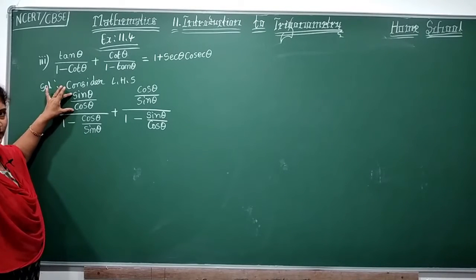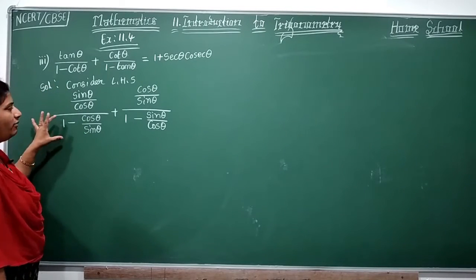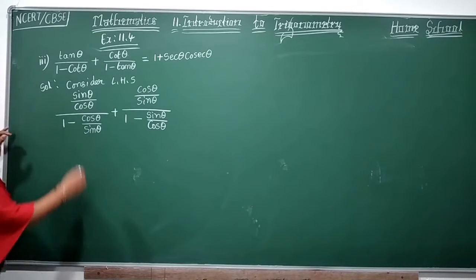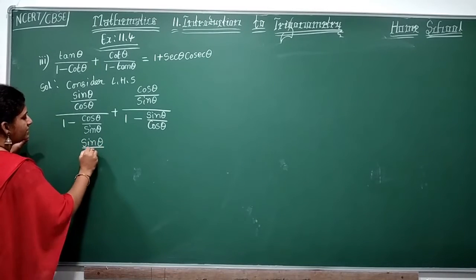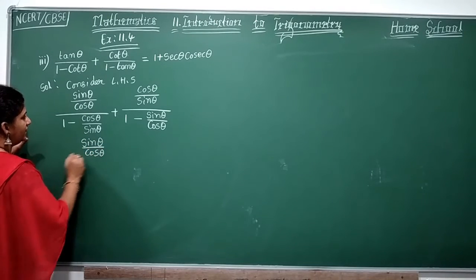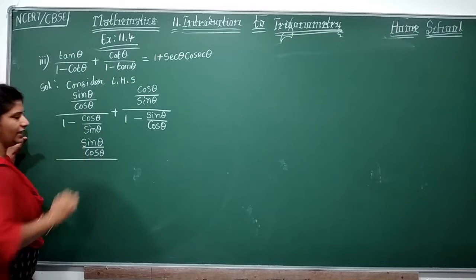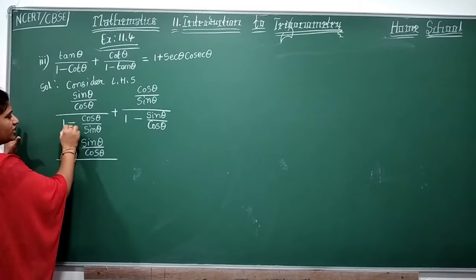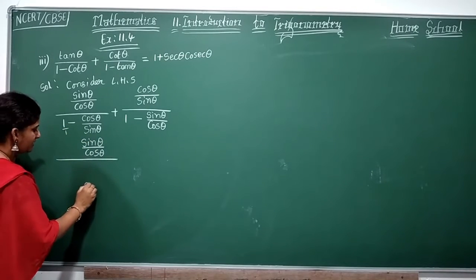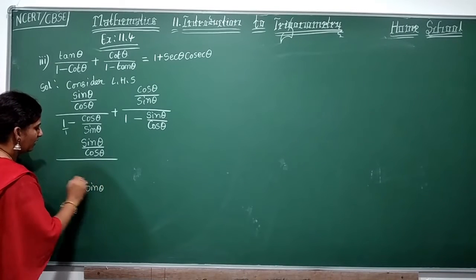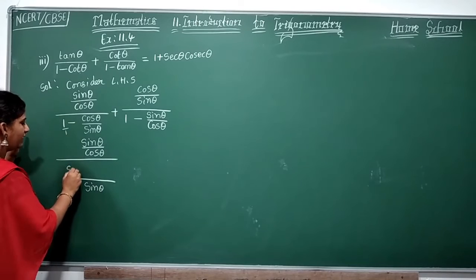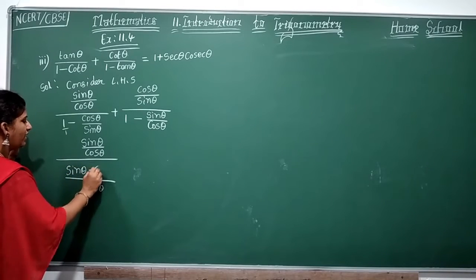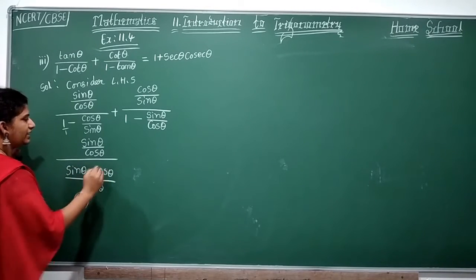So now numerator we cannot disturb. Denominator we have to do LCM. Sin theta by cos theta whole divided by, do LCM here children. 1 and sin theta LCM will be sin theta. Okay. So now 1 into sin theta will be sin theta minus cos theta.